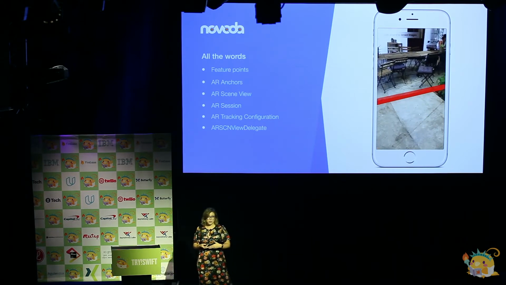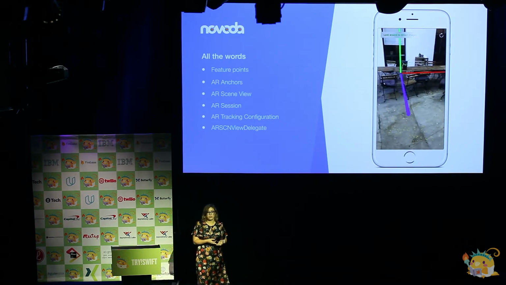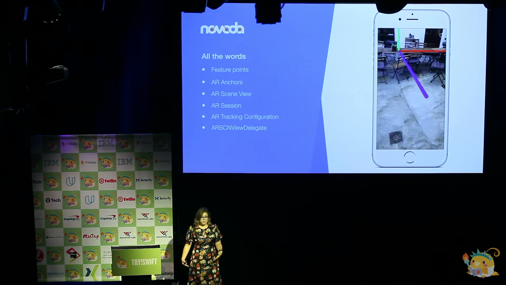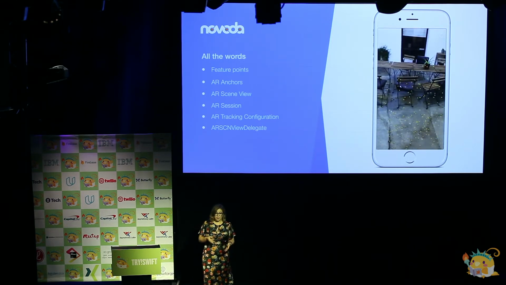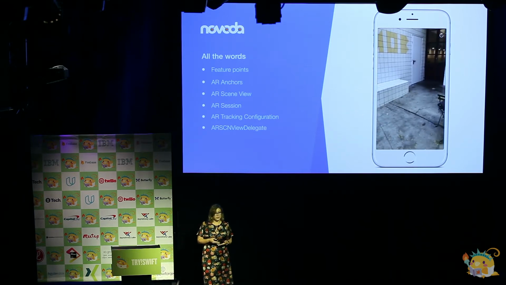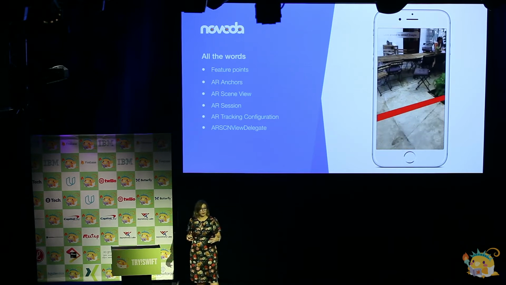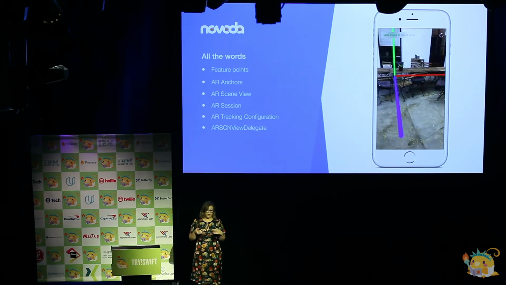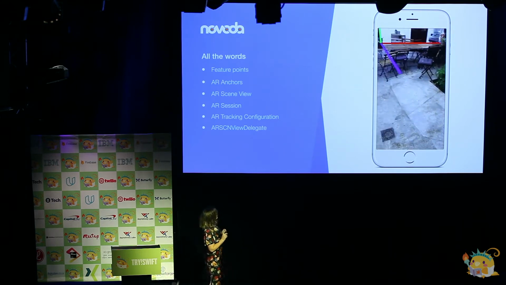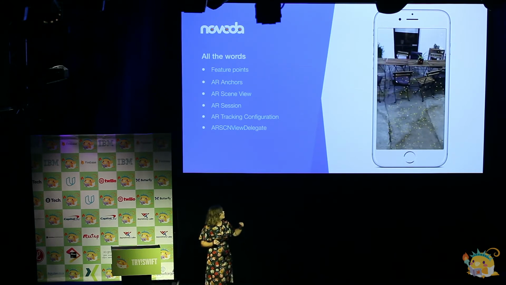The ARSCNView also handles the ARSession, which is when you start the tracking, whichever tracking you want to do: world, in our case face, object, or image. That's run on the view. It also handles the view delegates. The delegates actually render the 3D models. In this entire AR scene view, I don't know if you can actually see it, all those little dots are called feature points.